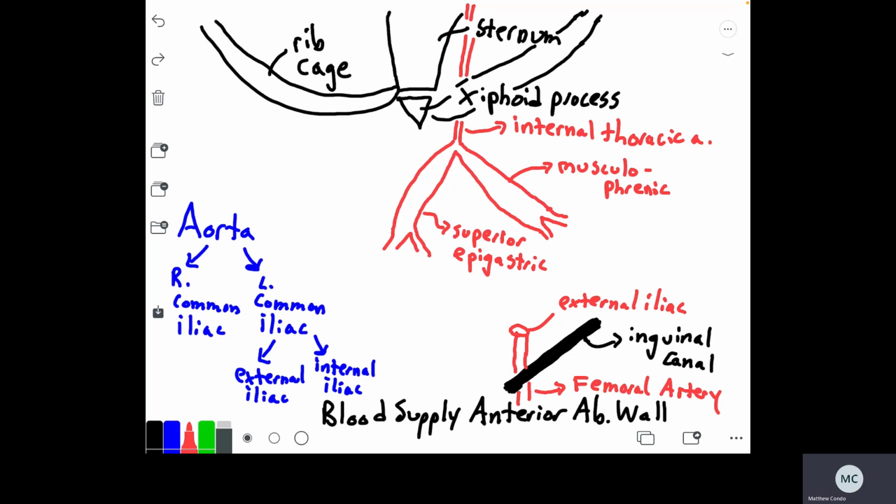That external iliac artery, however, is going to give off a big branch that's going to end up anastomosing with the superior epigastric. And it's going to be called my inferior epigastric.